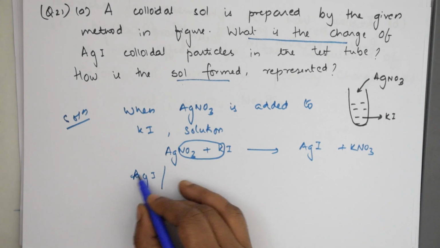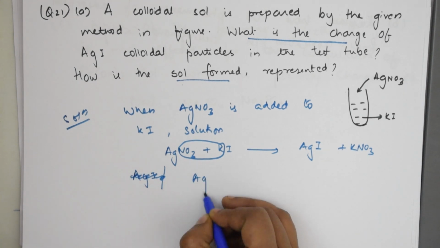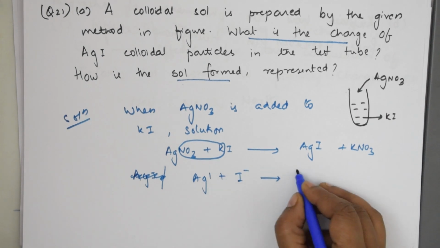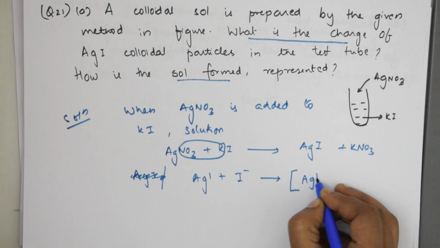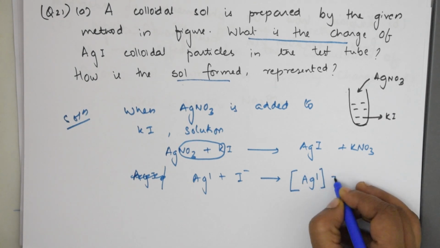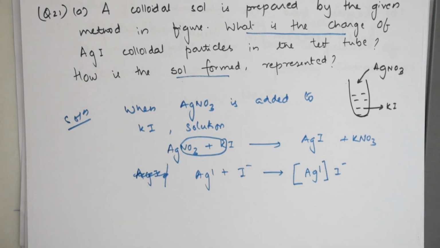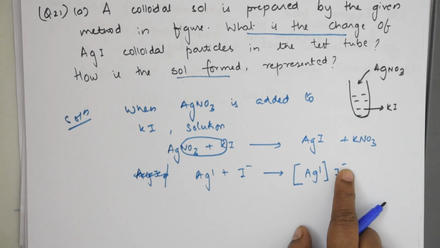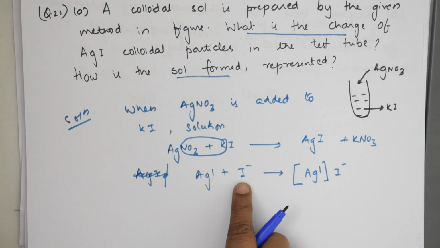On this AgI, iodide ions adhere and form AgI/I−, and the overall charge is negative because of this attachment.